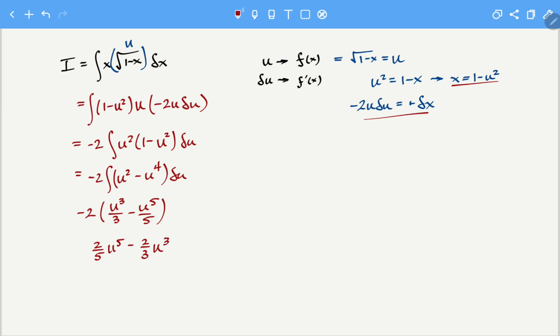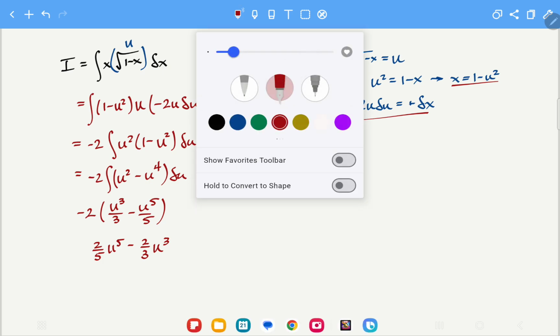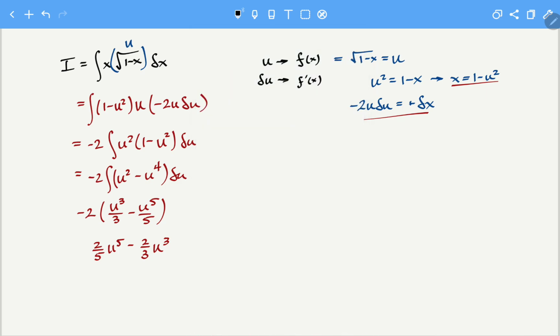It's like, all right, cool, I'm done. Well, no, you're not. Remember, you have to do that substitution back in. So let's grab our u values. We said that u is equal to the square root of 1 minus x, or as I like to leave it, u is equal to 1 minus x to the 1/2.